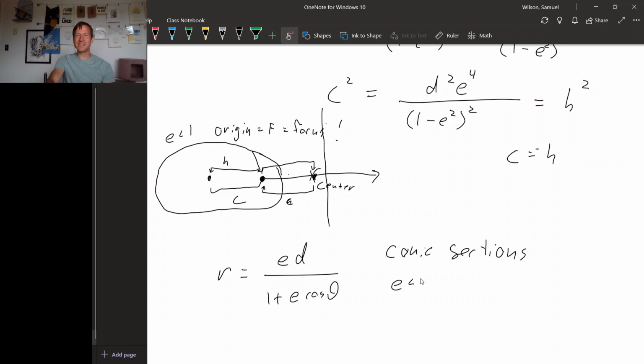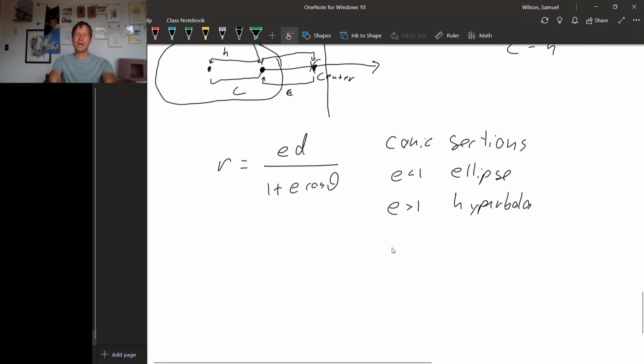And we've seen when e is less than 1, you get an ellipse. If e is greater than 1, then it turns out you get a hyperbola. Okay, the algebra for the hyperbola works out pretty much the same. It's just you have a minus sign in front of your y squared term. When e is equal to 1, the algebra works out a little differently.